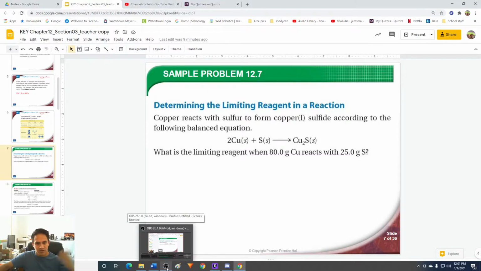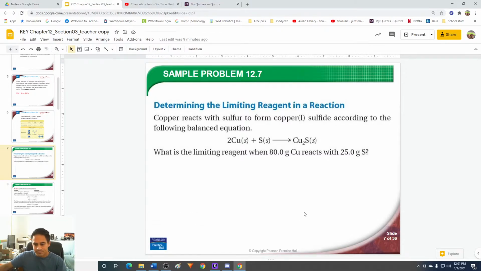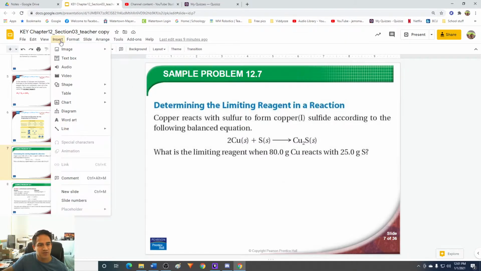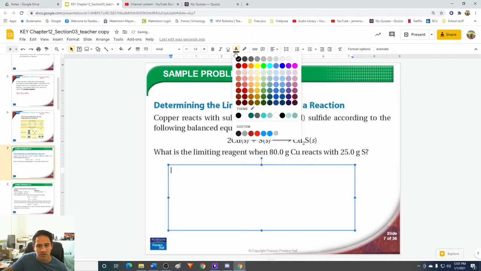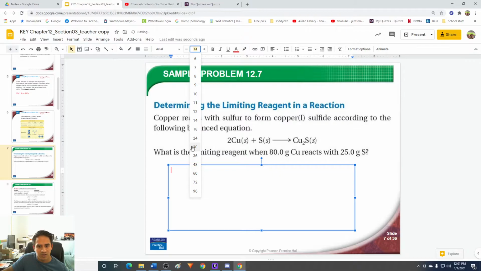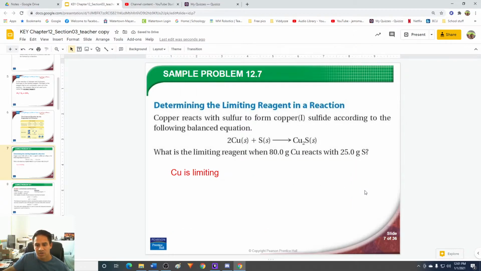Okay, we're back. What is the limiting reagent when 80 grams of copper reacts with 25 grams of sulfur? We did this math work on our paper, but we are going to write in here that copper is limiting, just so we can have that there. The math work was shown on our paper.